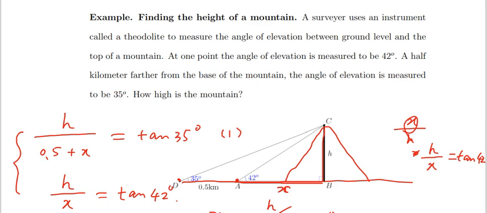For problems like finding the height of a mountain, we have to involve two right triangles.